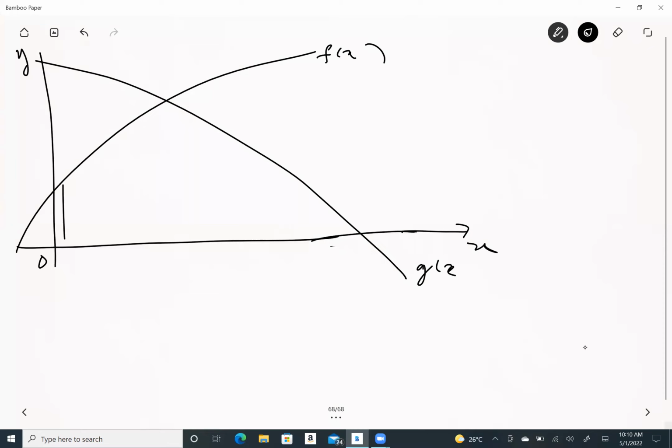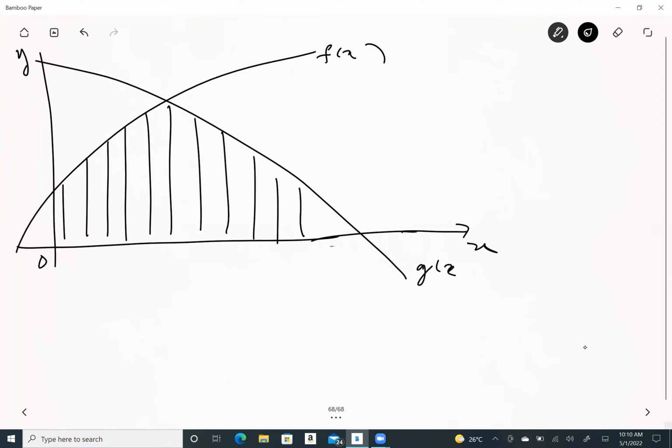First area, I want to find that area, from 0 up to x1.